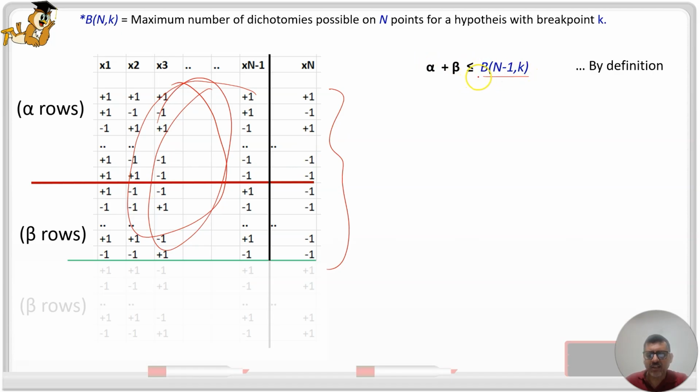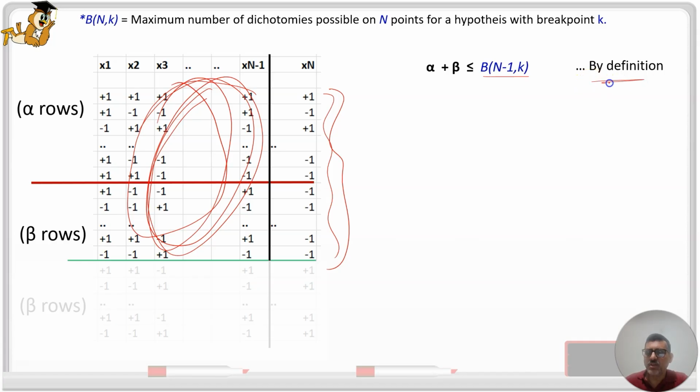In most practical scenarios, this would actually be equal, but without loss of generality I can say less than or equal to, because you may argue that these rows were chosen in a particular way with certain labelings of the point xn, and therefore it is conceivable that this number of rows is actually less than b of n minus 1 comma k. But whether it is less than or equal to, it's certainly less than or equal to.